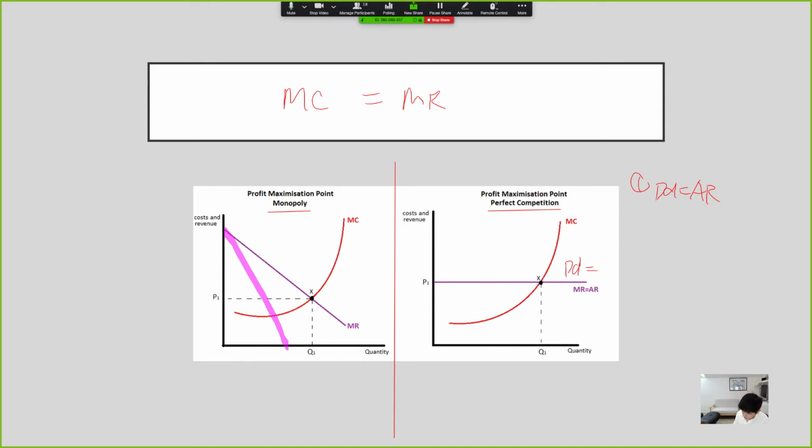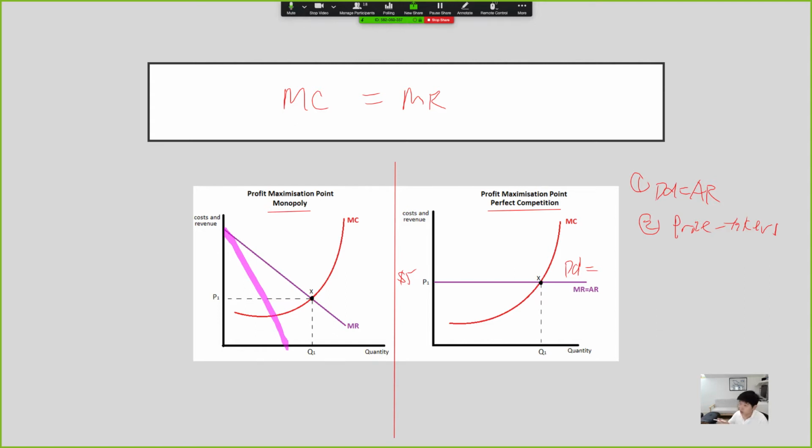Now for the PC firm, please know that PC firms are price takers. Because they are price takers, they don't set their own price. They take the market price to be their own price, which means they will always sell at only one price. For example, if the market price is $5, then every unit of the good they sell will be at $5.